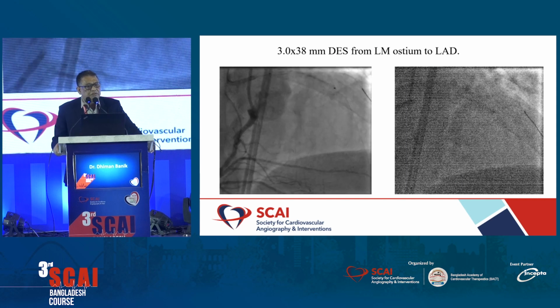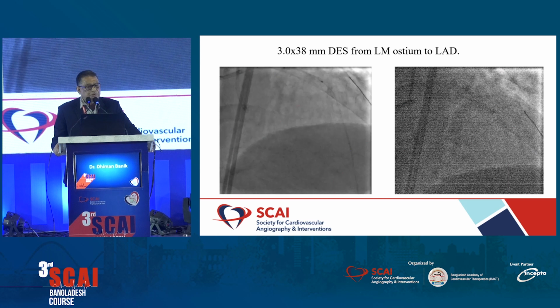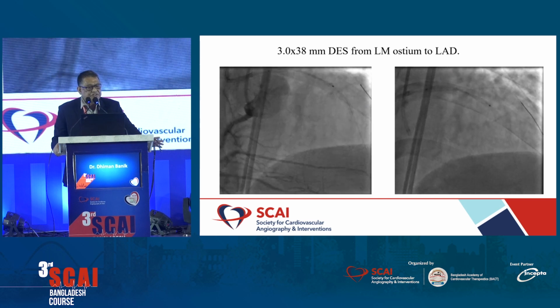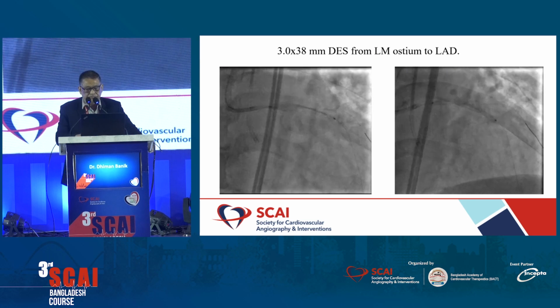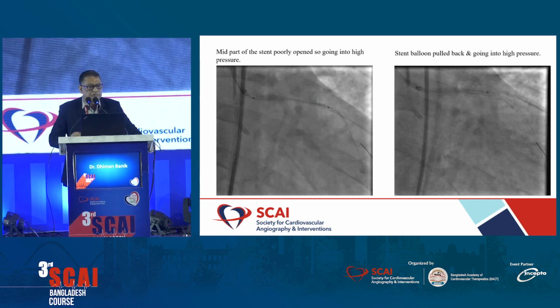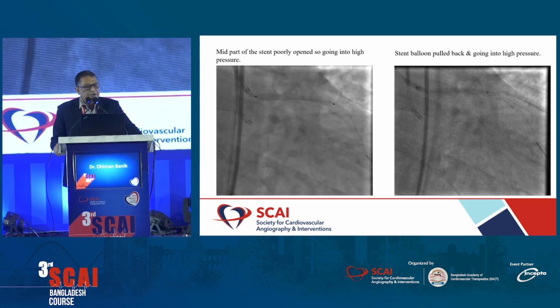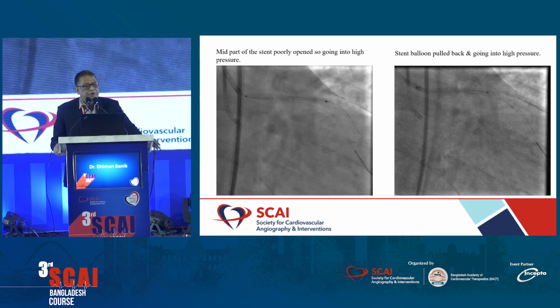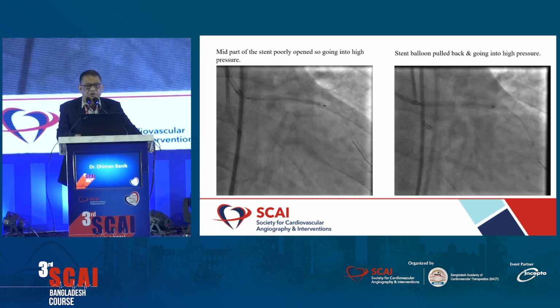So we put a 3 x 38 millimeter drug-eluting stent from the left main ostia to the LAD. By contralateral injection, we confirmed the position of the stent. We dilated the stent in the left main to LAD. The mid part of the stent was poorly opened, so we went up to high pressure. The stent of the left main to LAD was pulled back and taken to high pressure.